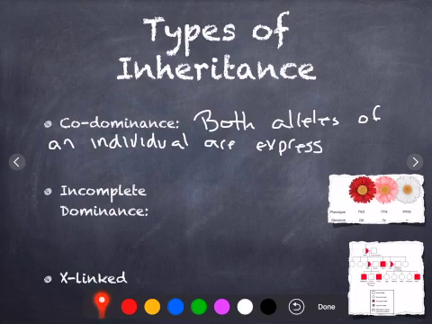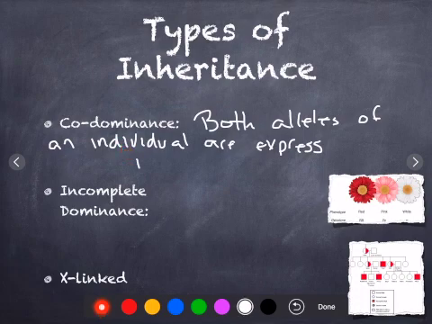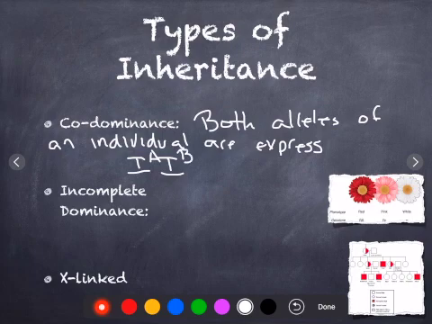We have a red, we have a white, and when both are expressed, or heterozygous, it creates a pink. Now, blood typing is like this as well, especially when we get the blood type AB. So, when you have a copy of an A and a copy of a B, both of those are expressed. Both those proteins are on your blood, and you have AB blood.